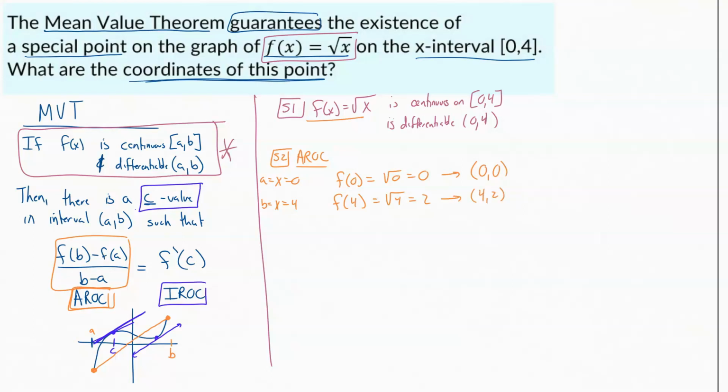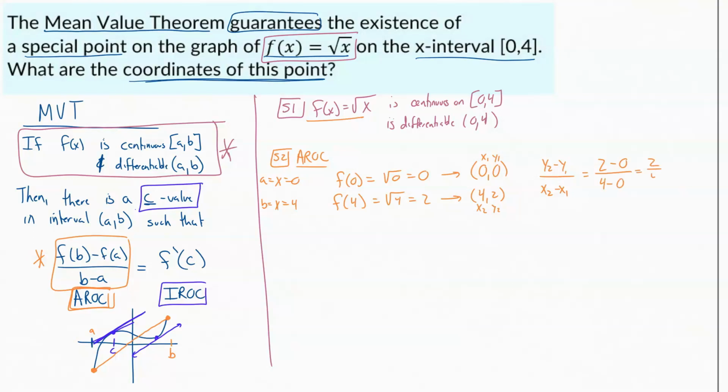To find our average rate of change, we're just going to do this equation here, which is just a fancy way of saying y2 minus y1 over x2 minus x1. So x1, y1, x2, y2. Put the pieces in the right place. So y2 minus y1 over x2 minus x1.